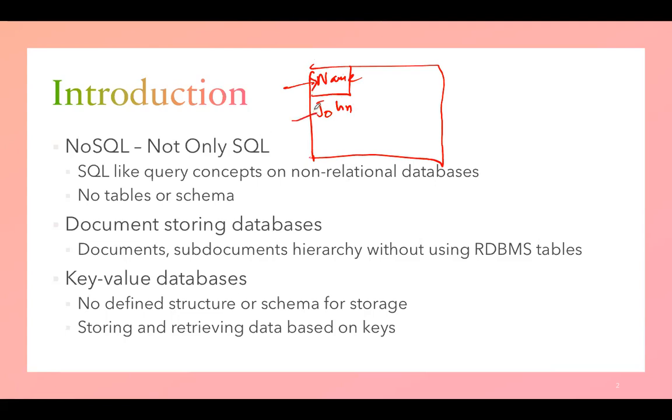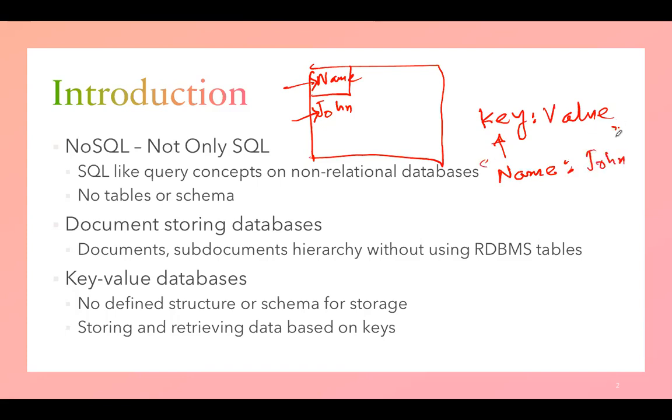And the values that we'll be storing under the column names will be called the values. So in other words, all the documents that I will be storing here will have key value pairs. That means the name of the field or column could be just name, and the value for this one could be John, right?